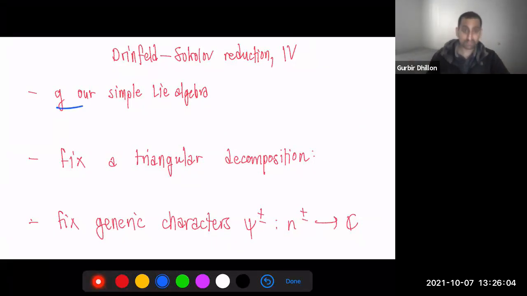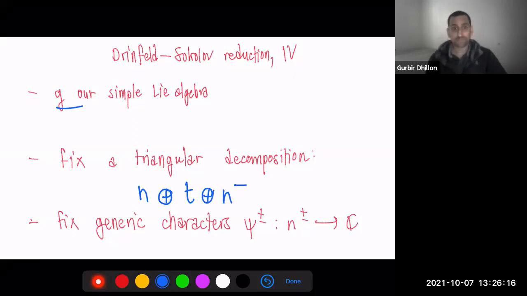So recall we had our simple Lie algebra G. We're going to fix a triangular decomposition, into raising operators, a Cartan, and lowering operators. So we're going to fix generic characters of both the raising operators and the lowering operators. Okay, so psi plus and psi minus.